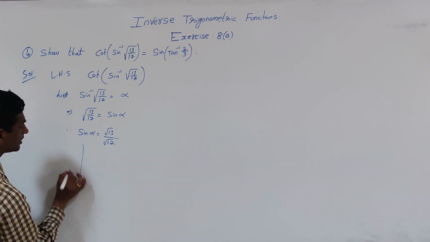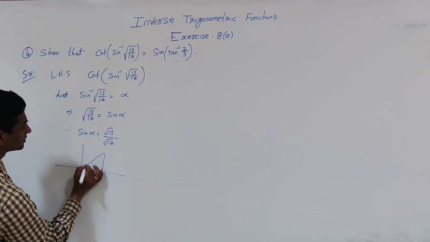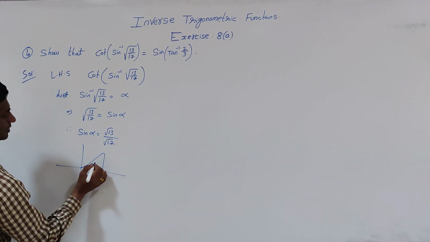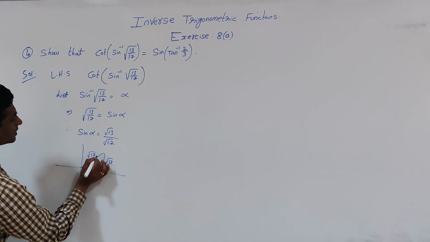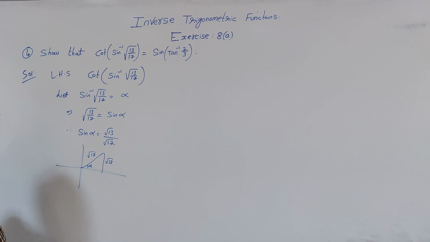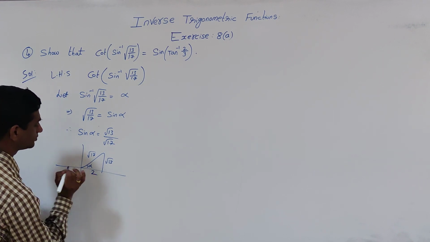So we have to go for one right angle triangle for alpha. So alpha, opposite side is root 13 and the hypotenuse will be root 17, and the adjacent side gives under root of root 17 whole square minus root 13 whole square. So it will be 2.